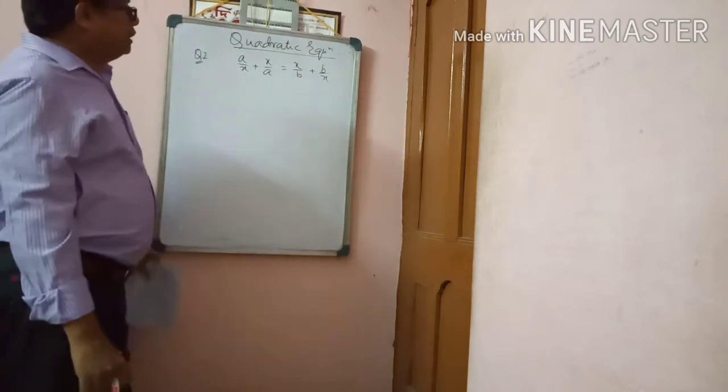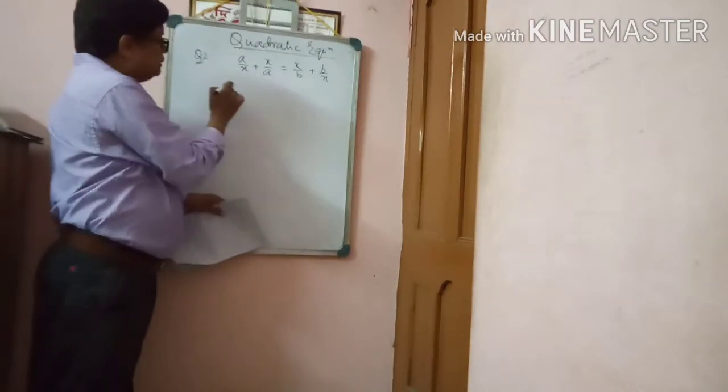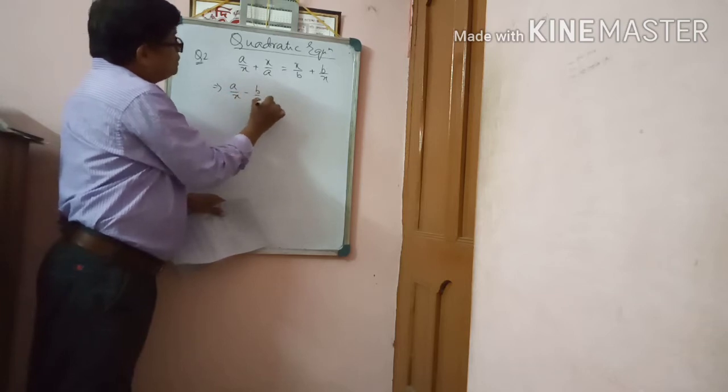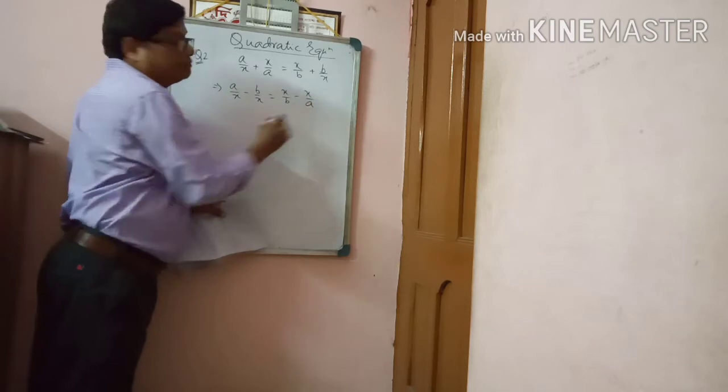Now look here. Taking terms to one side, a by x minus b by x equal to x by b minus x by a.